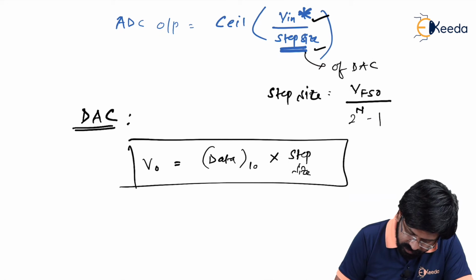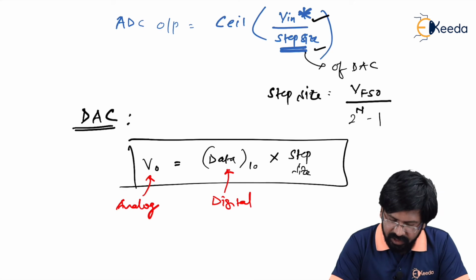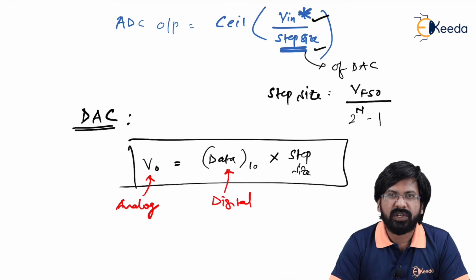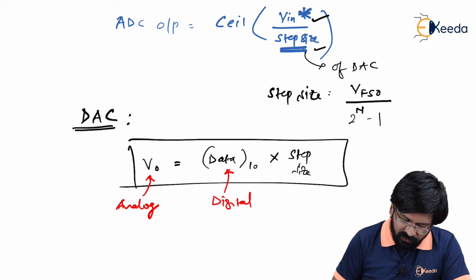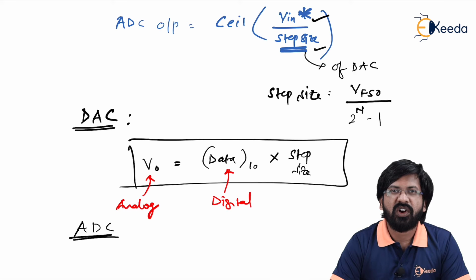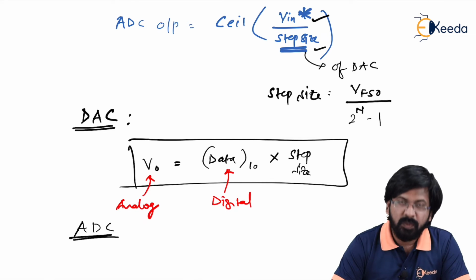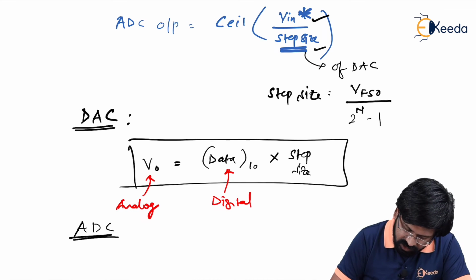The output of the DAC is analog in nature. So digital data multiplied by step size is analog data. Now if I want the reverse, because what I'm now learning is the ADC, which stands for analog to digital converter, with analog input and digital output, just rearrange the above formula.